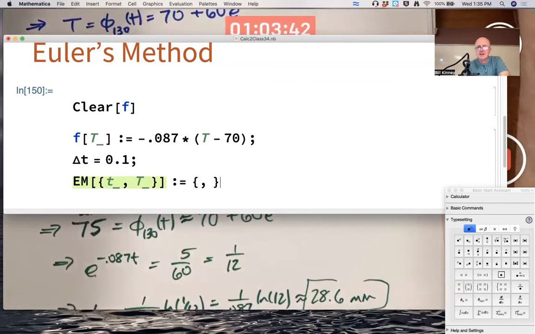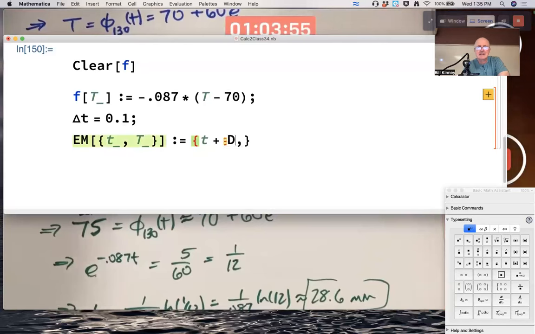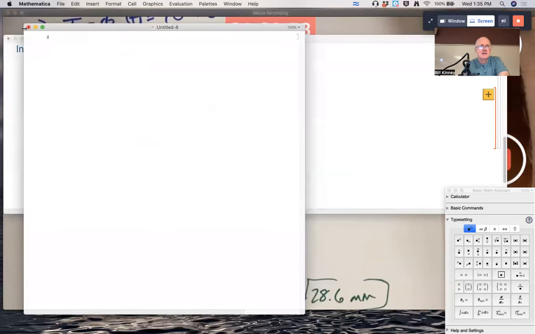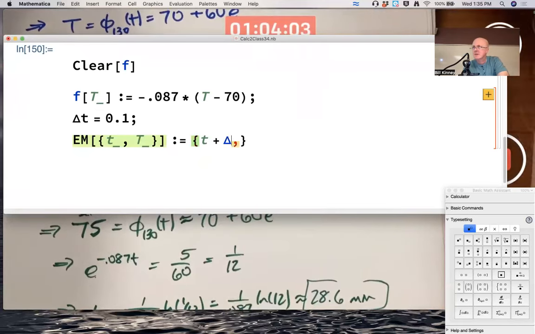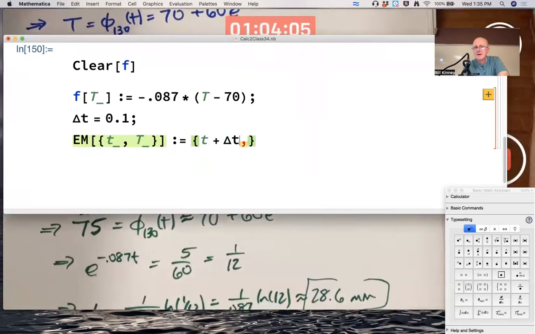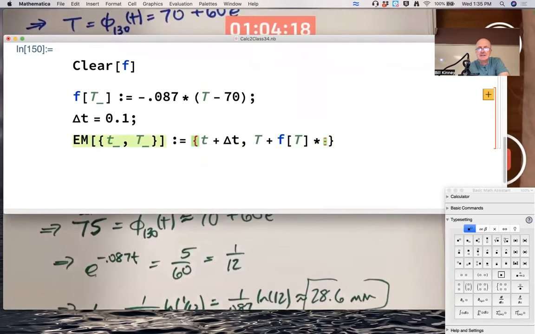The curly braces are essentially helping me define two-dimensional input and two-dimensional output. Little t plus delta t for the first thing that goes before the comma. Delta is escape, capital D, escape. And then for updating the value of capital T, do capital T plus the right-hand side function evaluated at capital T times delta T again.